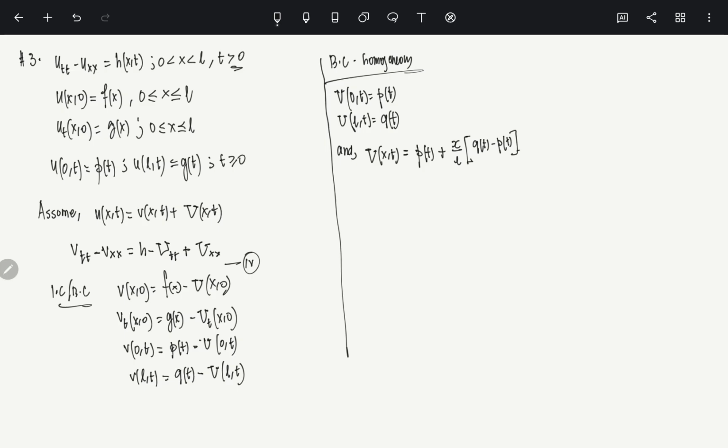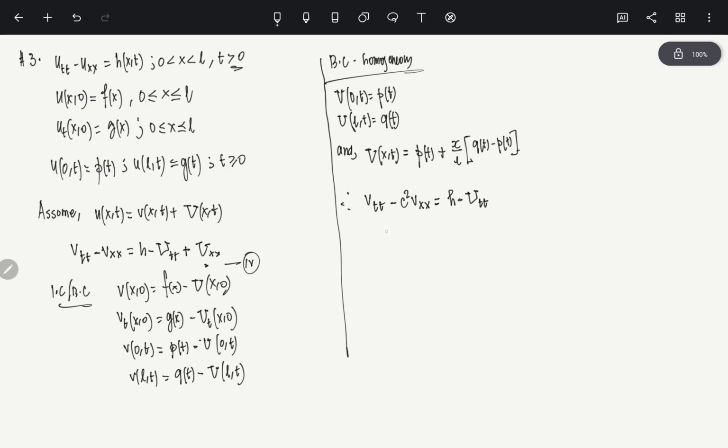If you have this form, then the problem is to find v of x, t. Therefore, the problem changes to v_tt minus c squared v_xx equals h minus capital U_tt. We are assuming that U_xx is basically 0, so that is how we got this problem.